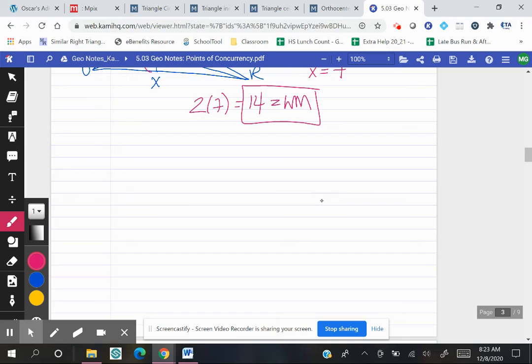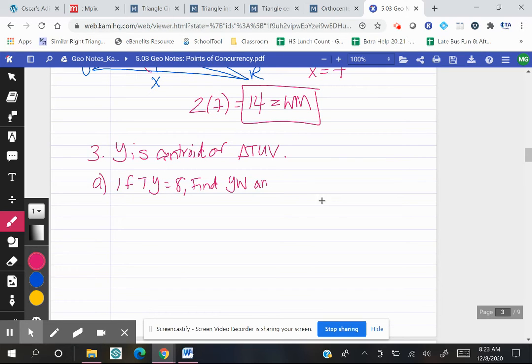Okay, let's try another one. This time Y is the centroid. Again, centroid is where what meets? The medians. If TY equals 8, find YW and TW.